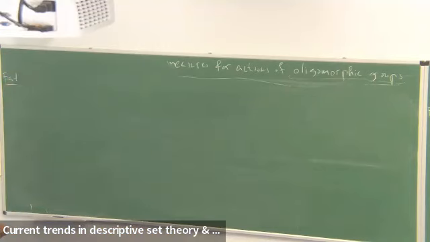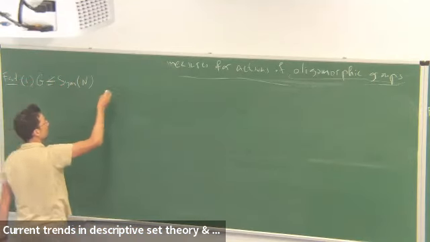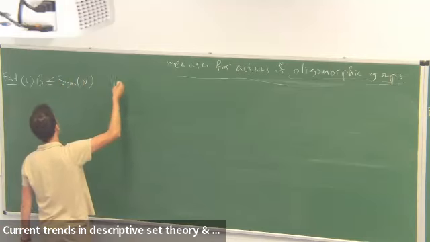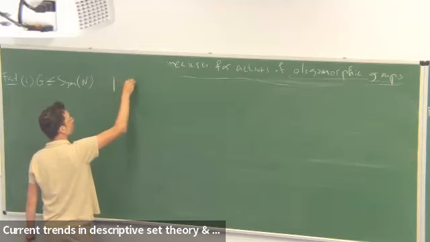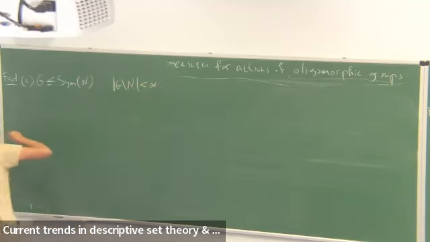One, if G is a subgroup of the symmetric group with finitely many orbits, then the following are equivalent.